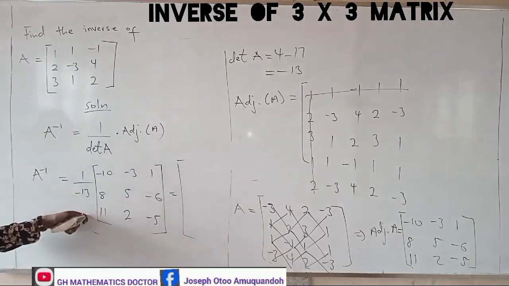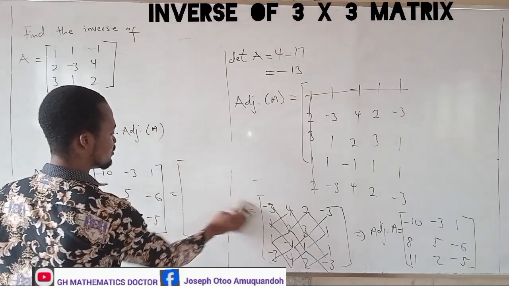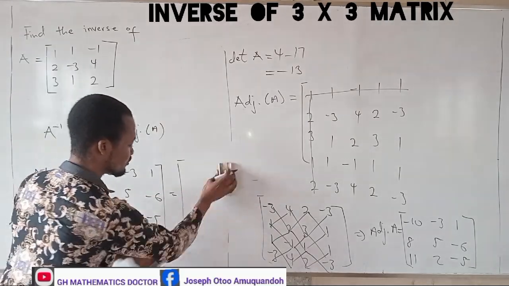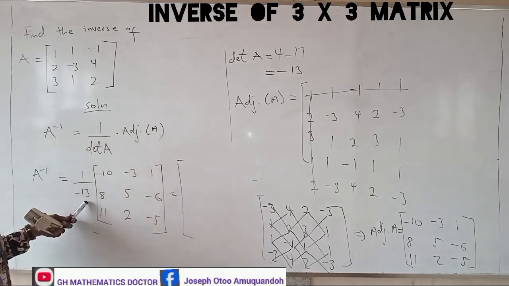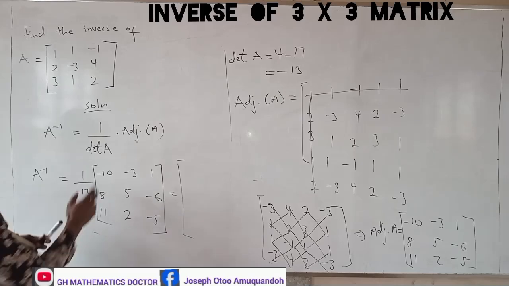Most need to answer in this form, but the final answer will be like this. We multiply each number in the matrix by the fraction 1 over negative 13.